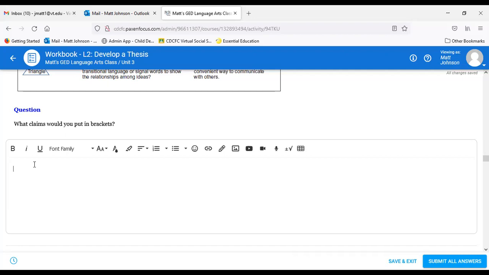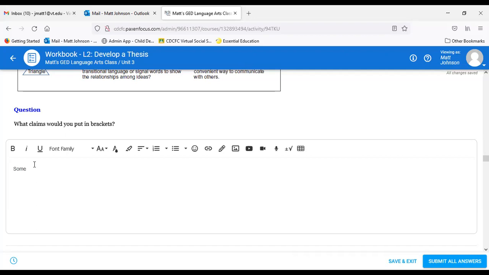So what's the thesis here that we would put in brackets? For Clement? Yeah, we're only dealing with Clement. So we can go back and look right at our previous questions, and we had the claim, right?